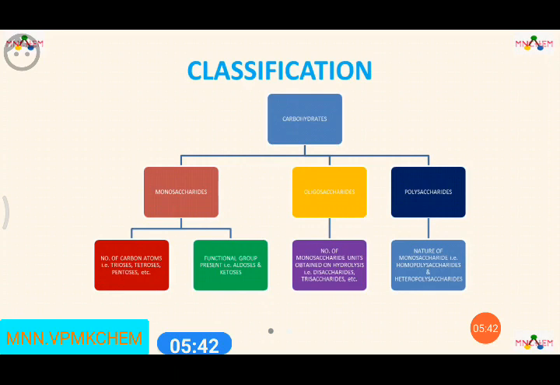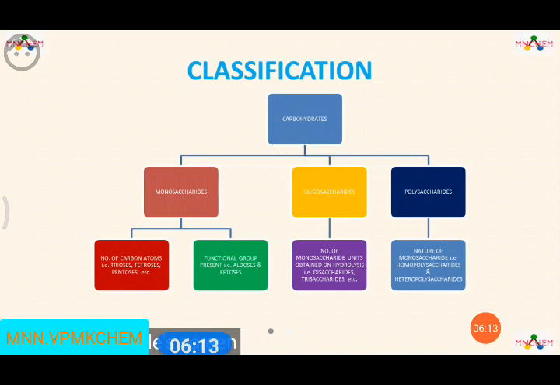So these are the subtypes of monosaccharides depending upon the number of carbon atoms present. Another way of classification of monosaccharides depends on the functional group present. When we define carbohydrates, we say these are polyhydroxyaldehydes or ketones.